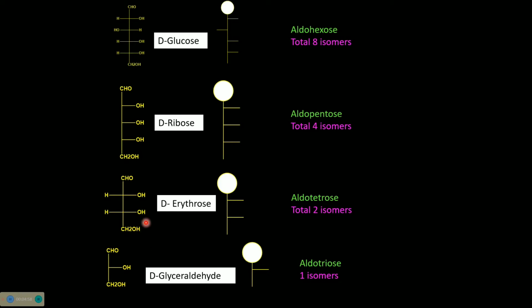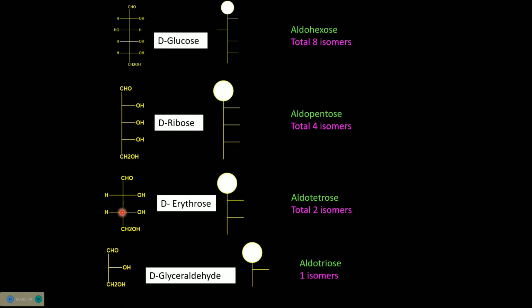Consider this aldotetrose, D-erythrose. D refers to the bottommost chiral carbon. The top carbon is the aldehyde, carbon 2 contains an OH group, carbon 3 contains a hydroxyl group, and carbon 4 also a hydroxyl group. This is the bottommost chiral carbon. If the bottommost chiral carbon has D configuration, then it is called a D-aldose. Since it is a tetrose, it's called D-erythrose.